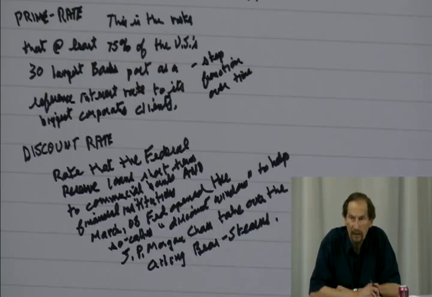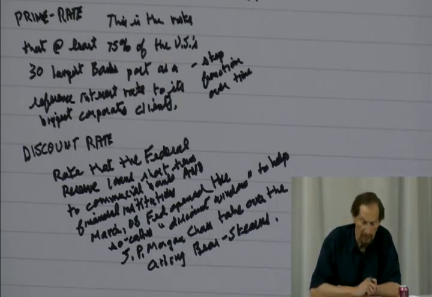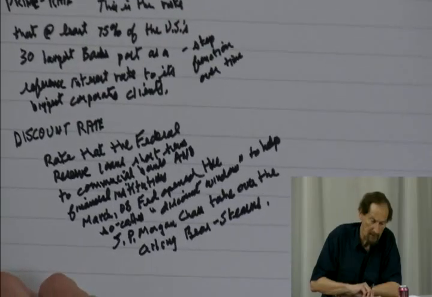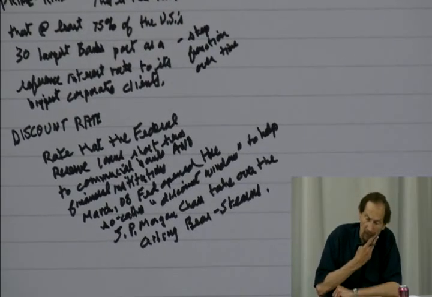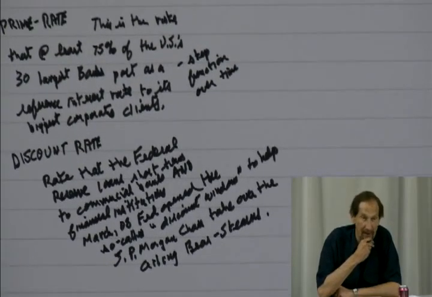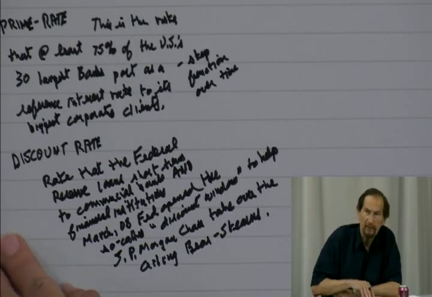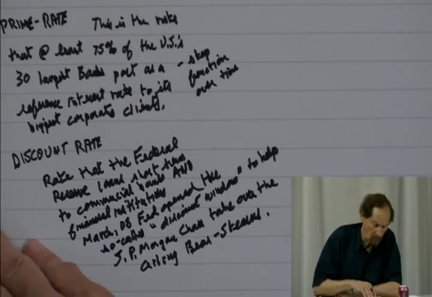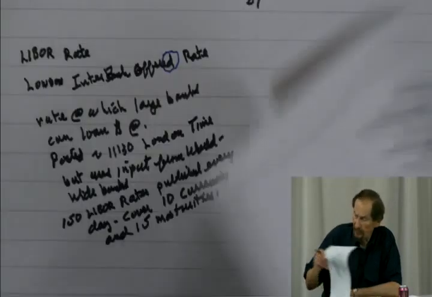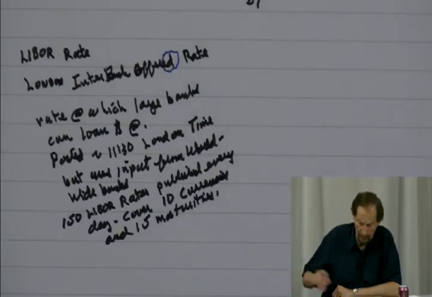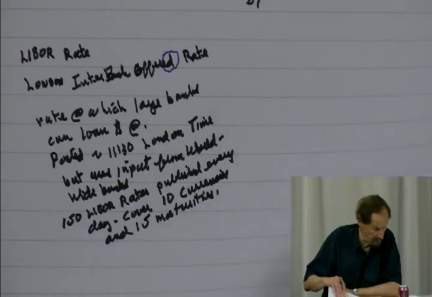They will change almost every day. And you can look these up in the Wall Street Journal and the New York Times. Typically, the New York Times publishes this every other day. But they also publish all the money rates, so that's something to look at.